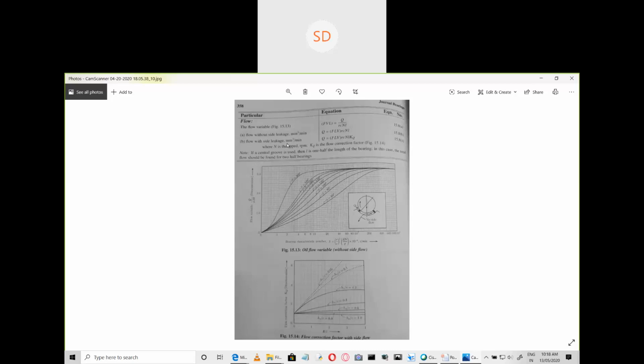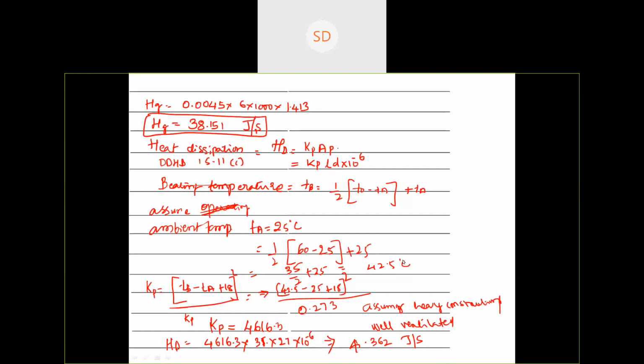So now we'll go for the calculation again here. Now the amount of artificial cooling required is, we'll calculate the flow rate afterwards. Let us go for the amount of artificial cooling required.